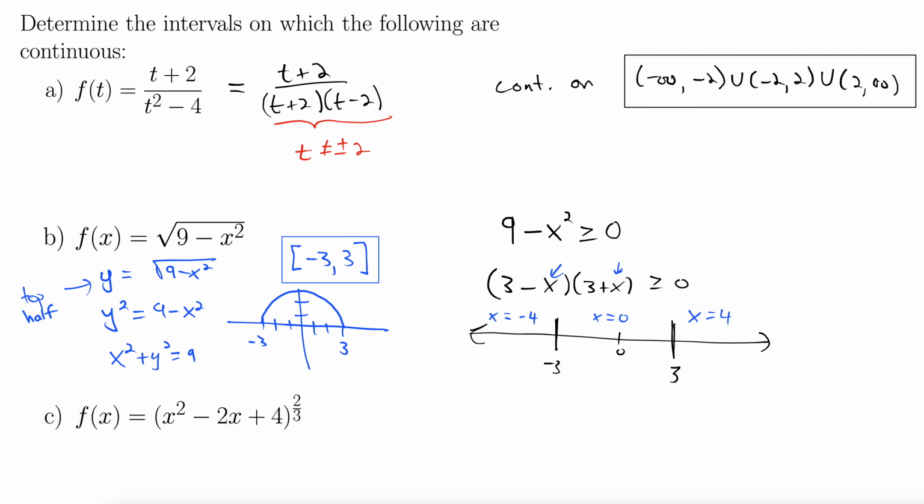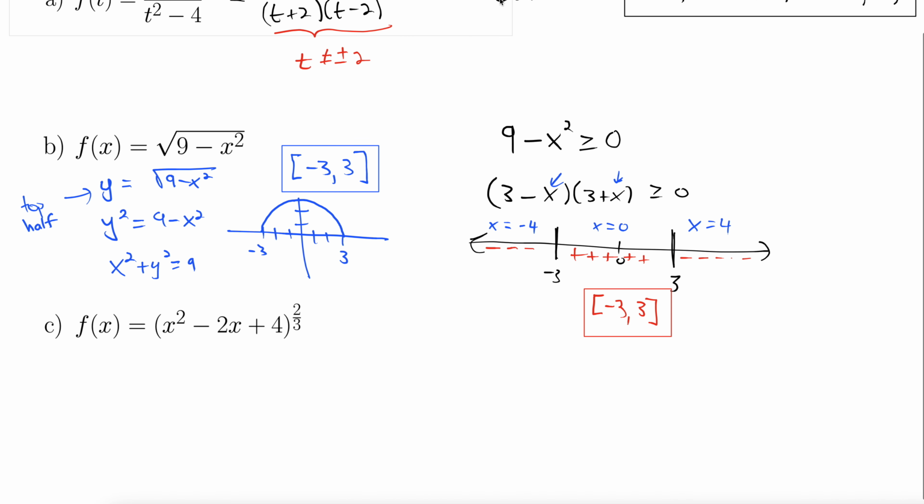And what we would get here is negatives out here, positives in the middle, and negatives out here, which tells us that we are greater than 0 right in this middle region, giving us the same answer, negative 3 to 3 again. So there's a couple different options for that kind of exercise. Let's move on to C.